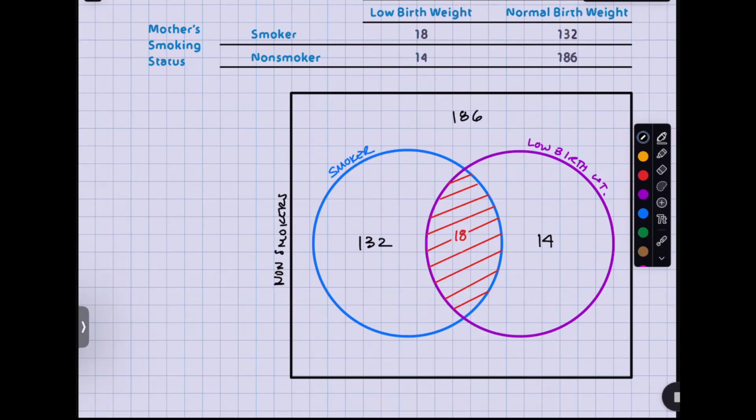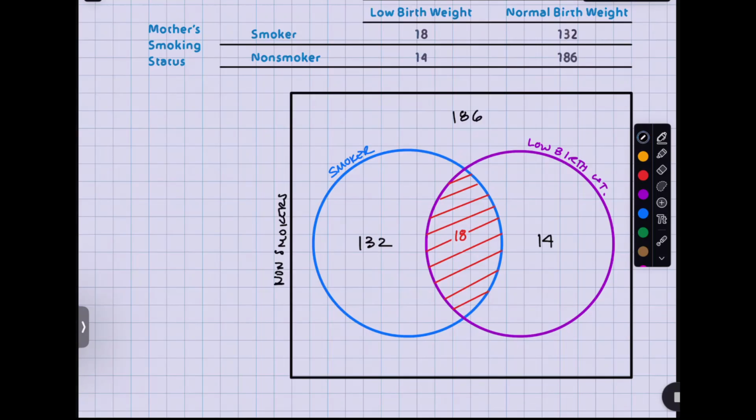Okay, if we look at low birth weight and normal birth weight, is there a section that is in common? The low normal birth weight? Correct. Again, the table shows us intersections, right?